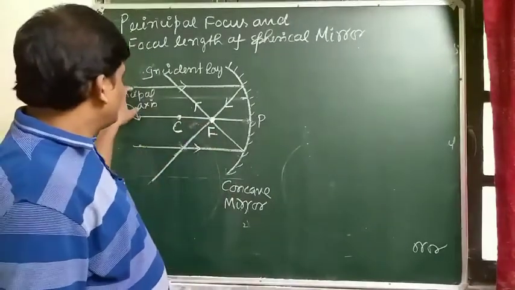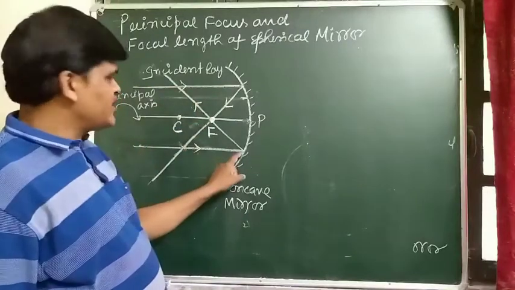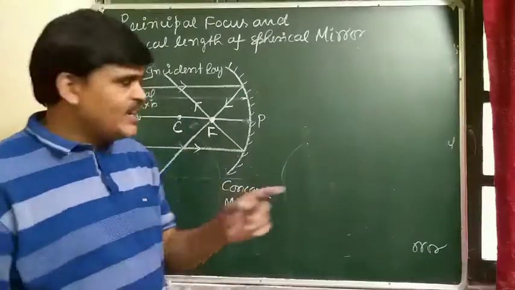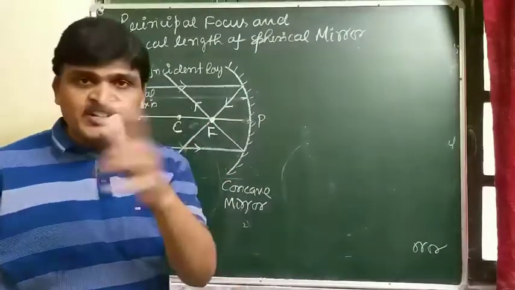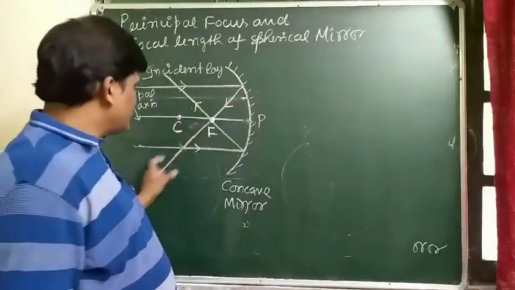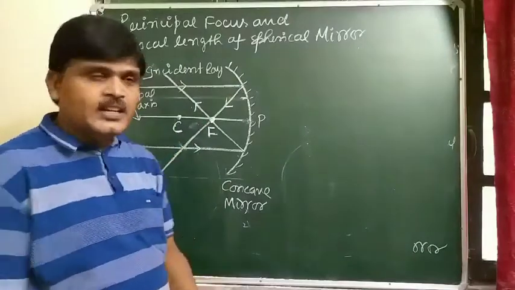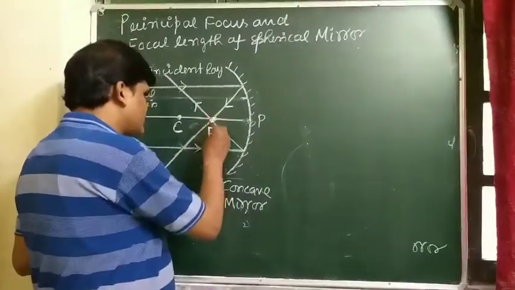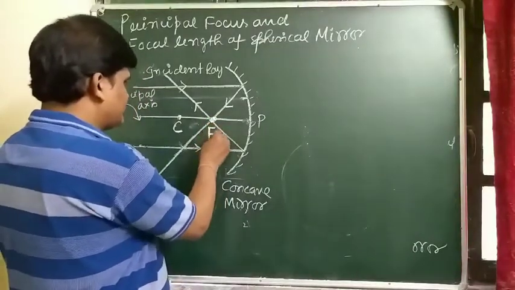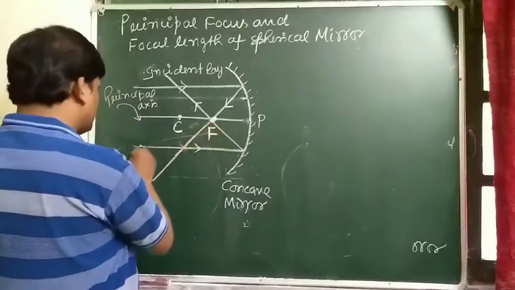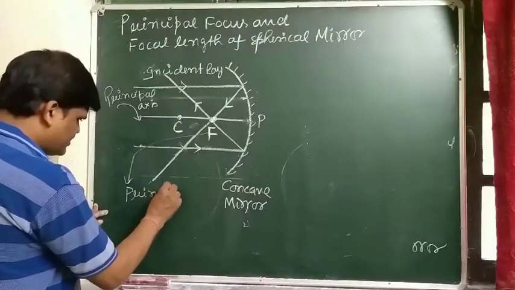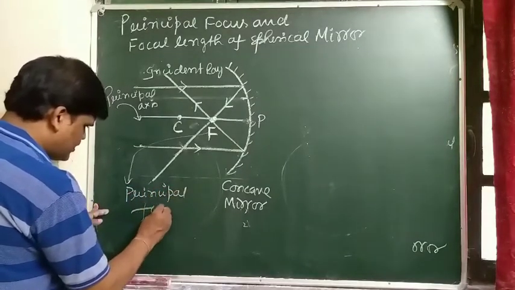So here, when rays of light parallel to the principal axis, after reflection actually intersect at a point on the principal axis, this point where the two reflected rays intersect each other is known as the principal focus. This capital F is known as the principal focus.